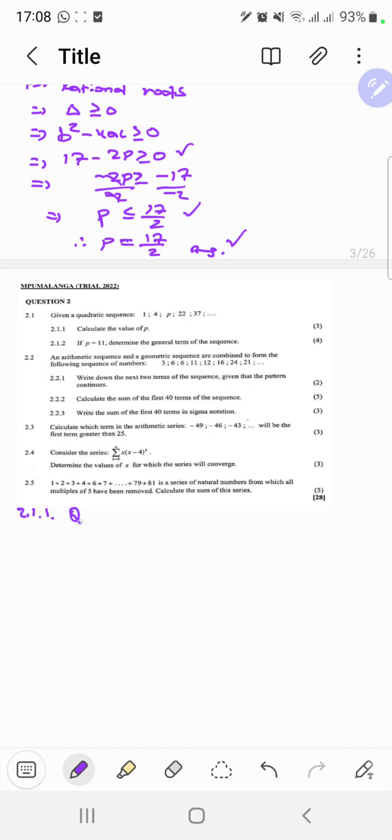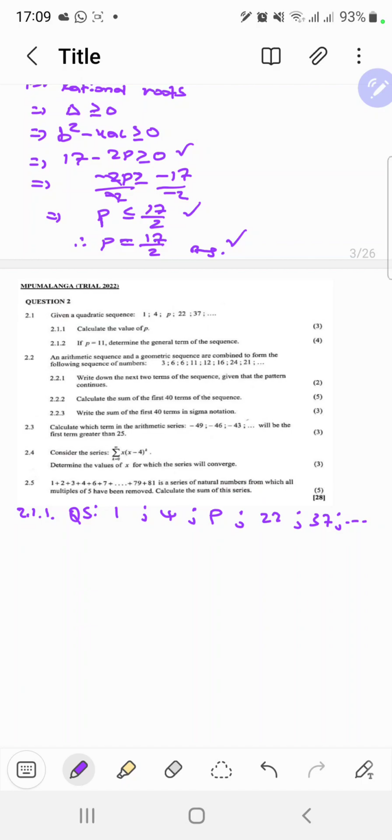We know that our quadratic sequence is basically 1, 4, p, 22, 37, and whatever is going on in there.